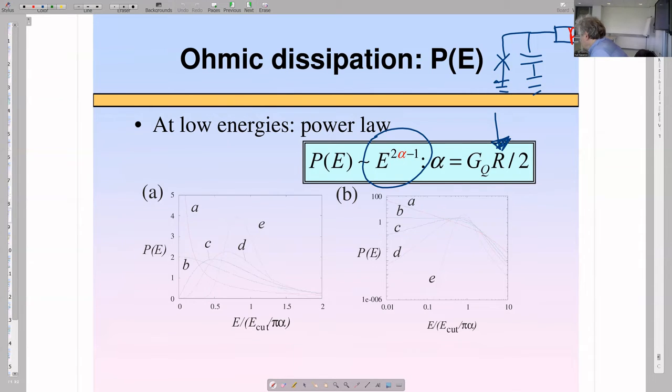Here I just wrote the circuit from before. I'd rather use the resistance of this resistor rather than conductance. Fine. And it appears that this function, the probability of energy loss in this ohmic case, is a power law function of energy.